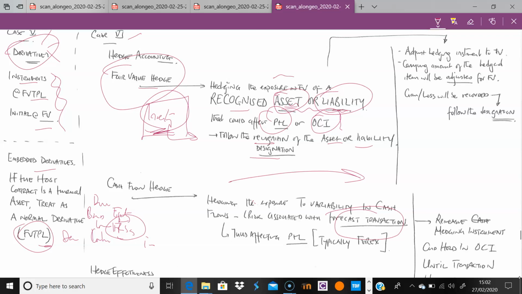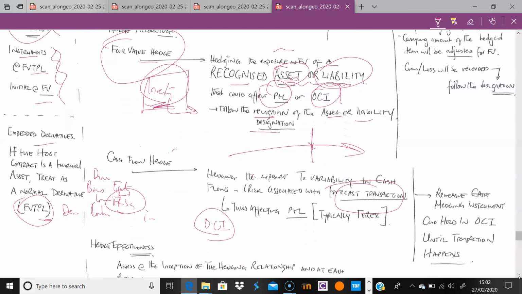So in order to hedge that or prevent that variability, we have cash flow hedges. Because it's going to happen in the future, it might not happen in our own year, as you can imagine. So movements must be recognized within other comprehensive income because we're waiting, aren't we? So you can see here, it says: remeasure hedging instrument and hold in OCI until transaction has happened.